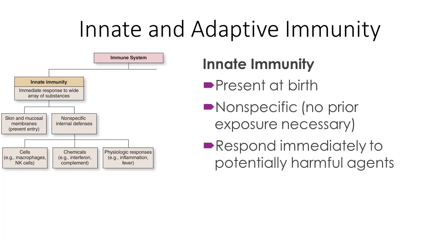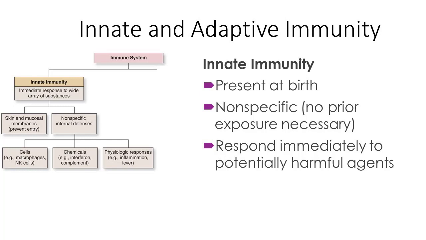Innate: you're born with it. It doesn't have to develop. They don't have to mature like your adaptive immune system. Nonspecific, it doesn't matter what it is. You don't have to have seen it before. You don't have to have a vaccine for it. Your body is going to protect you from this particular pathogen or any particular pathogen.